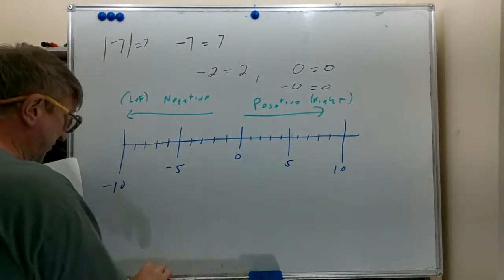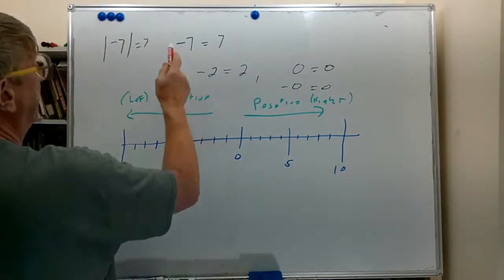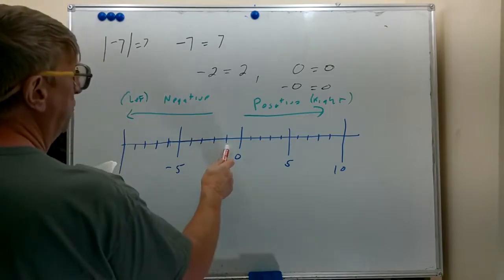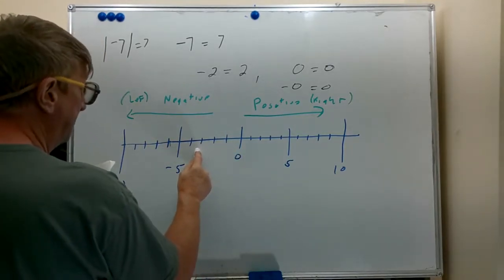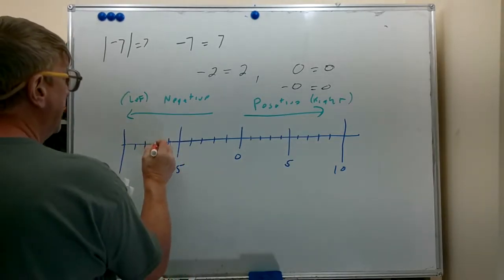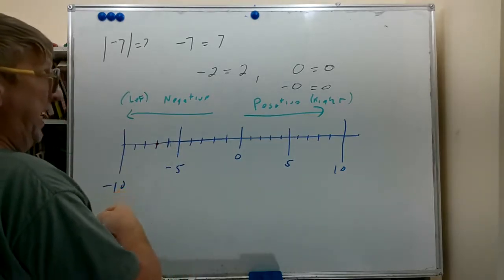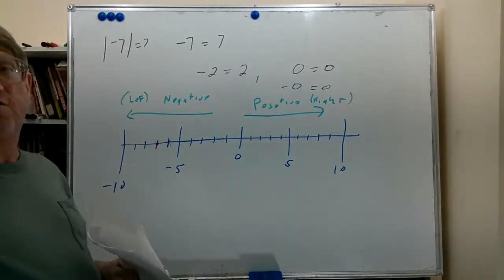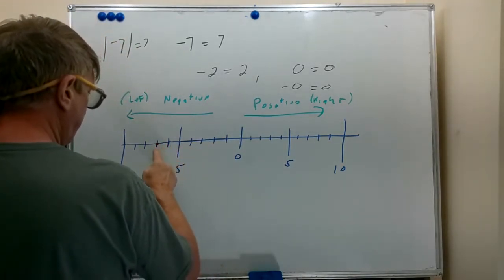So let's look at these numbers that we've just dealt with here. -7, where is that on the number line? Start from 0, -1, -2, -3, -4, -5, -6, -7. So that -7 is right there. And now let's think about the distance from 0. 1, 2, 3, 4, 5, 6, 7.